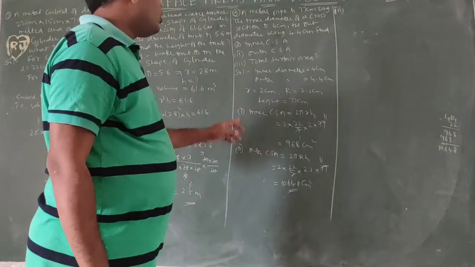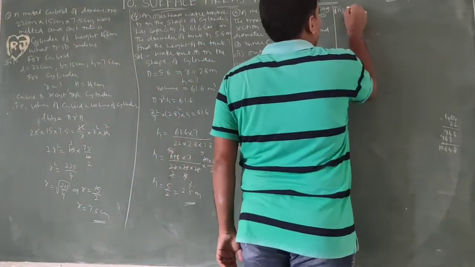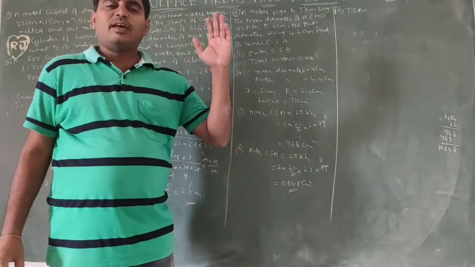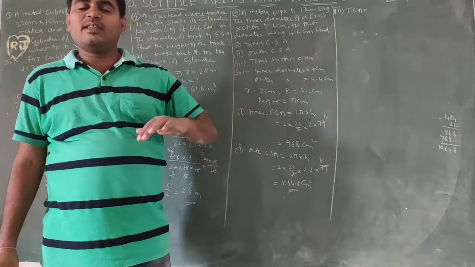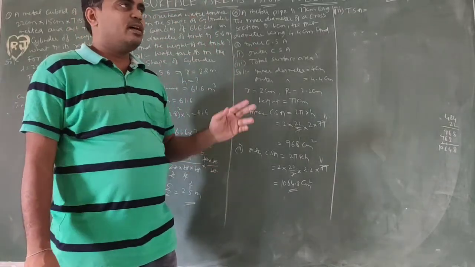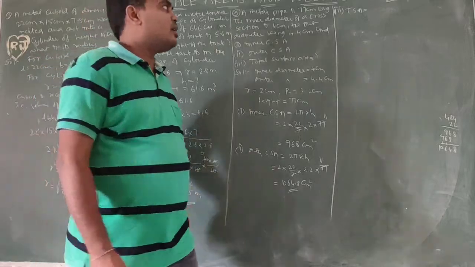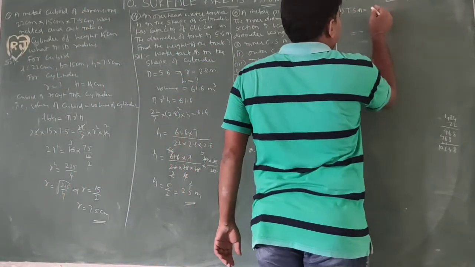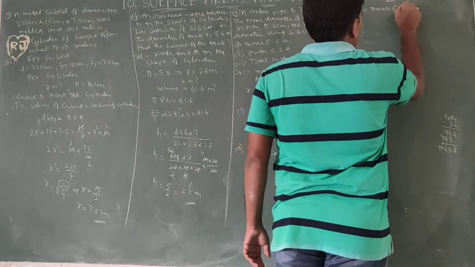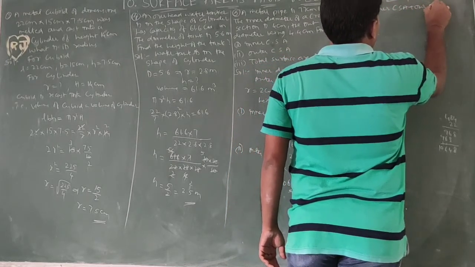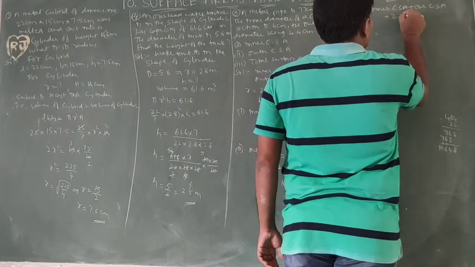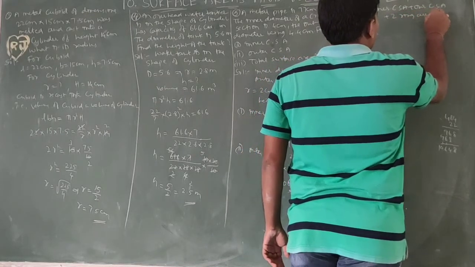Now the third one, total surface area TSA. So what are we observing? We are observing the outer surface and inner surface, and on top the surface is in the shape of a ring, one ring up, one ring down. So total surface area equals inner CSA plus outer CSA plus 2 times the ring area.